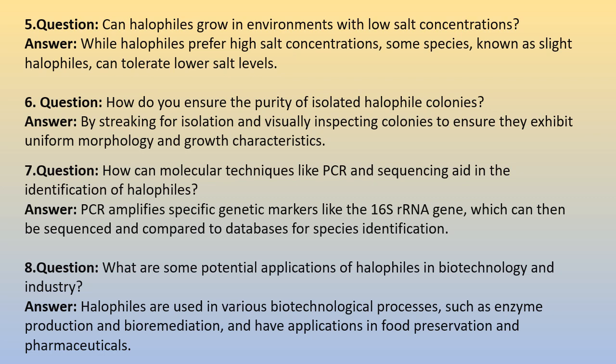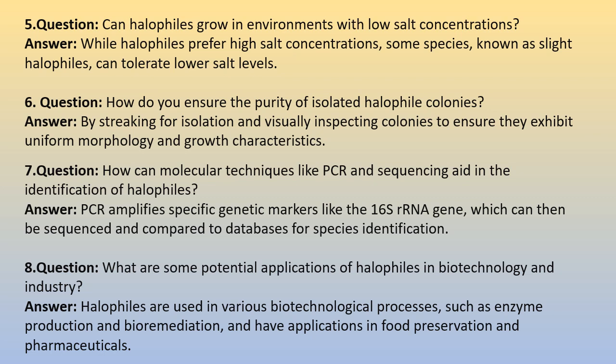Now, PCR amplifies specific genetic markers, for example the 16S rRNA gene, which can then be sequenced and compared to the database for species identification. Nowadays, most researchers go directly to molecular techniques for identification. This is the reason: it saves their time and it is more reliable.